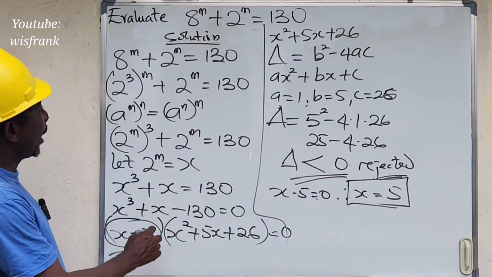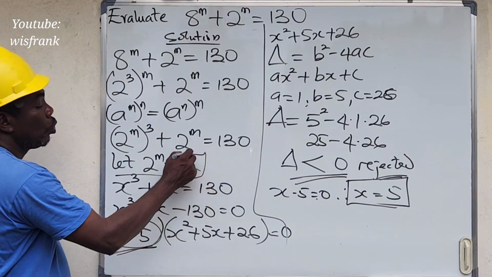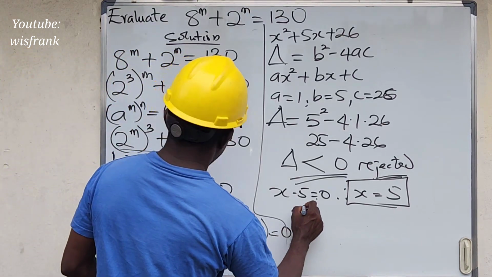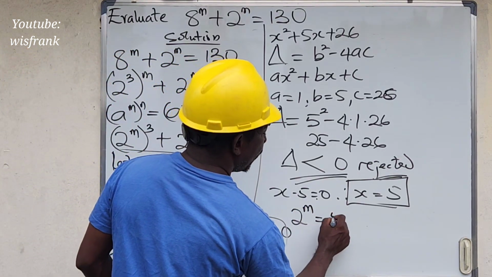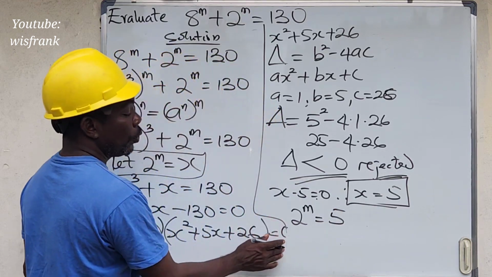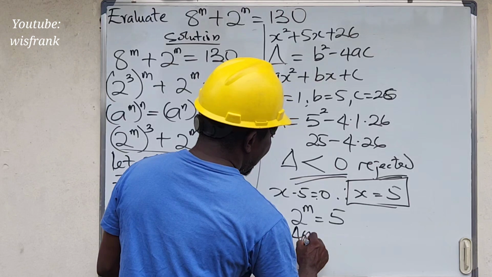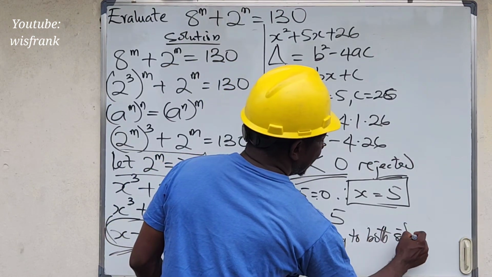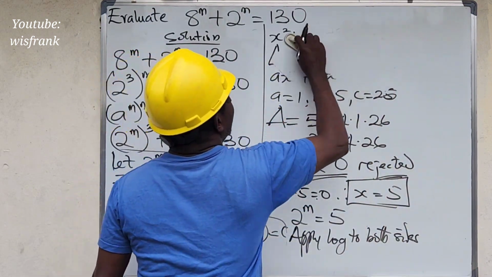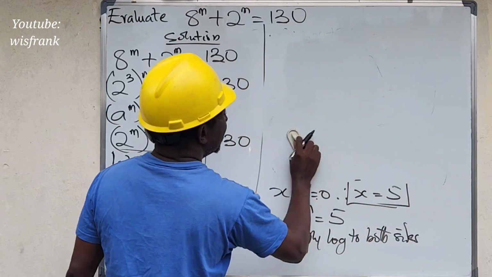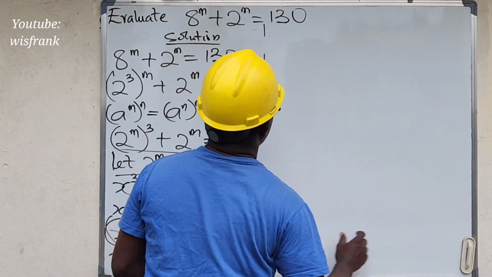We recall that we said let 2 to the power of m equal x. So 2 to the power of m will be equal to 5. What we are going to do is apply log to both sides. So we say apply log to both sides. Next we evaluate that equation to see how we can arrive at the correct answer.